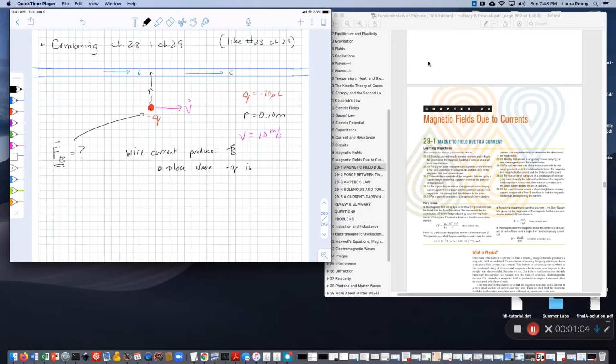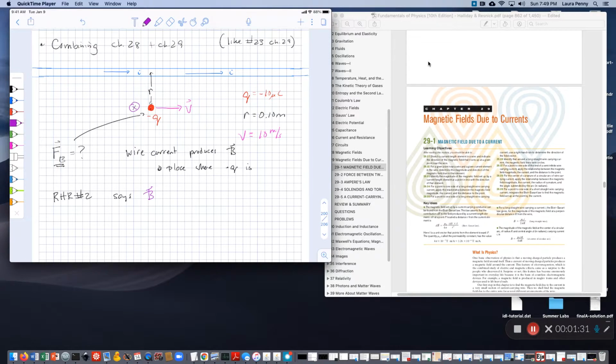So I'm going to stick my thumb, I'm going to do right-hand rule number 2. Right-hand rule number 2 says that the magnetic field at this location is going to be, if my thumb is this way, it's going to be in, right?